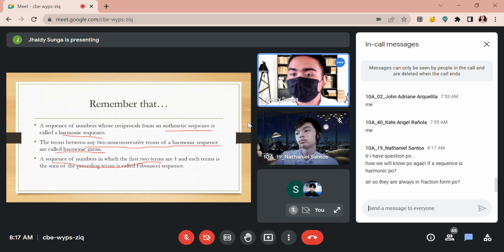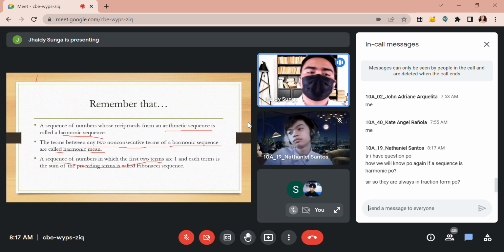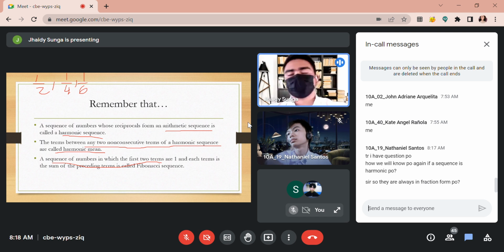Yes, most likely. Because if we reciprocate something, for example, 1/2, 1/4, 1/6, from these terms we could say that they are arithmetic from their denominators.